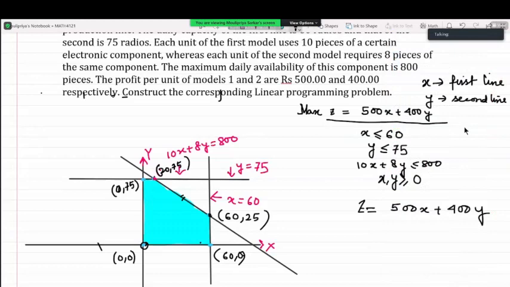This is what we are required to maximize, z equal to 500x plus 400y. Let z be equal to, say, 2000.